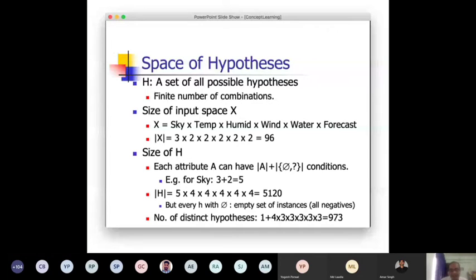So I should modify my answer: the size is what you told, 5120, but the number of distinct hypotheses that we are going to learn out of this learning process is 973.